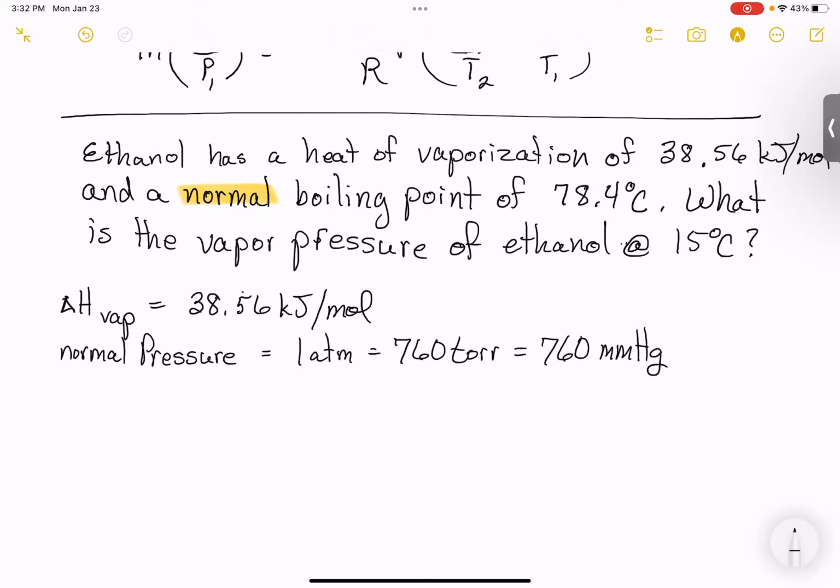So at this pressure, which we will call pressure 1, you have a temperature 1 equal to 78.4 degrees Celsius.